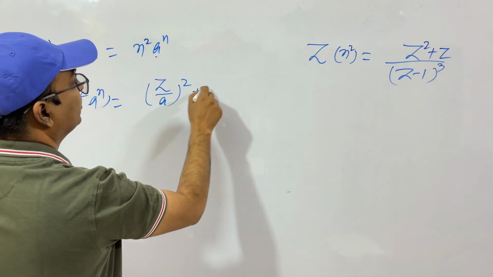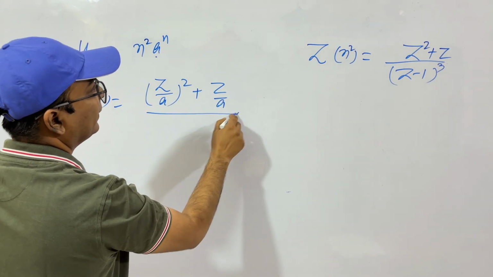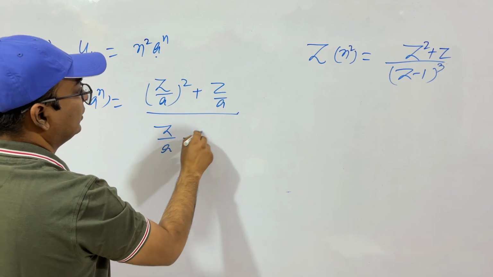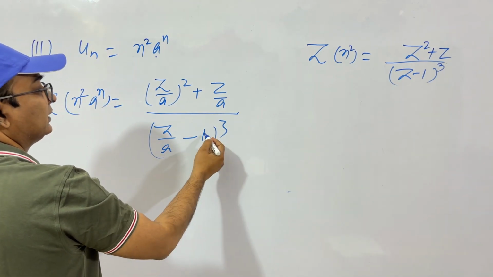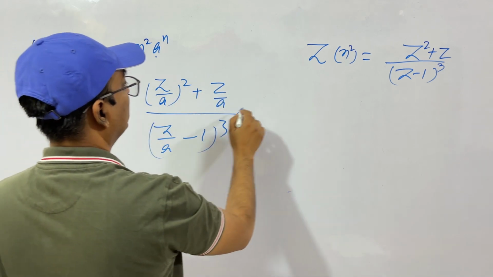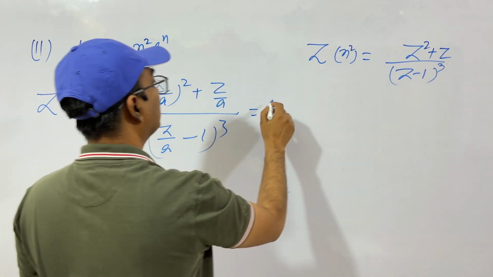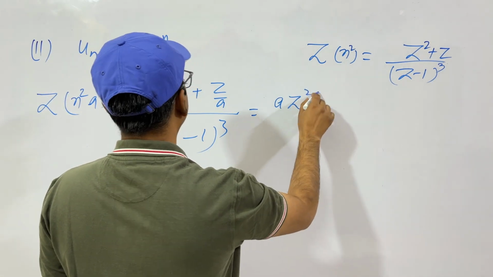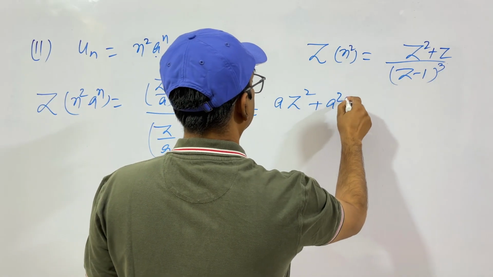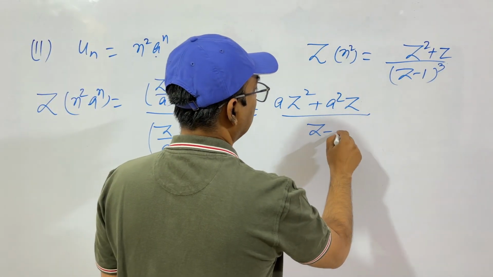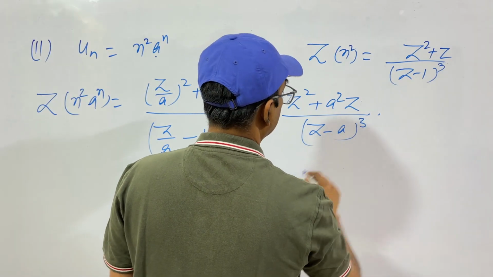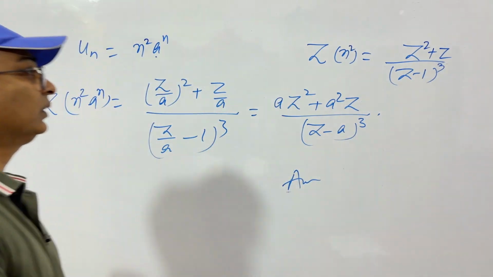So this is z by a squared plus z by a, and this will be z by a minus 1 cubed. If you take this z minus a cubed, and a cubed will go here. So multiplied by a squared, it will be a z squared plus a squared z, by z minus a cubed. So you get the answer.